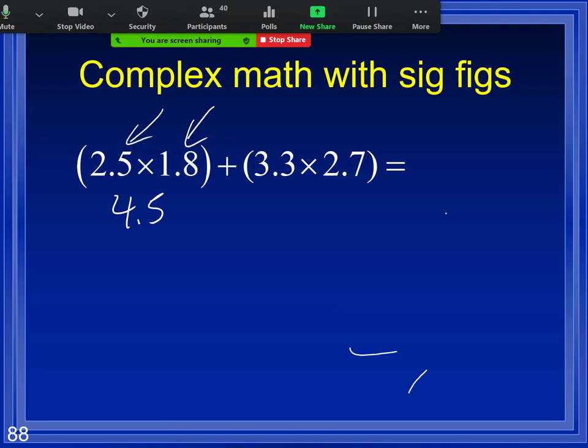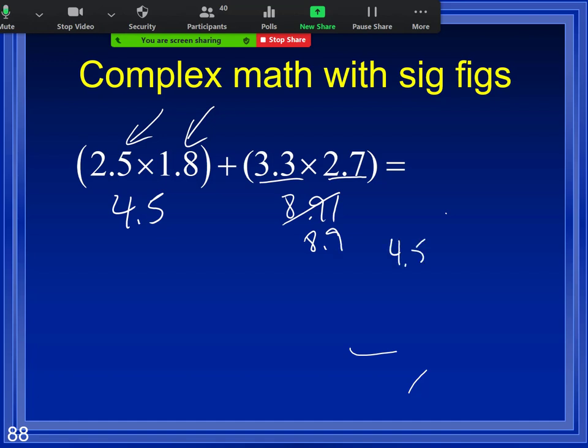That has 2 sig figs, so my answer should have 2 sig figs, and it does. 3.3 times 2.7. Calculator says 8.91. Okay. 8.91. But this has 2 sig figs, that has 2 sig figs. So I need to round that to 8.9.